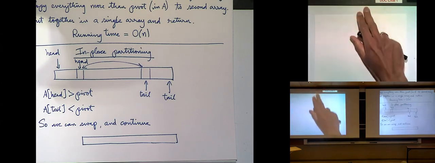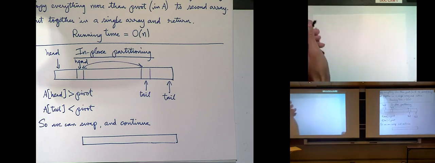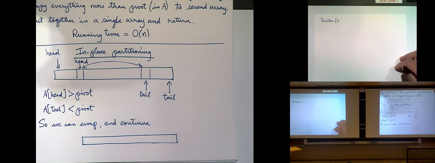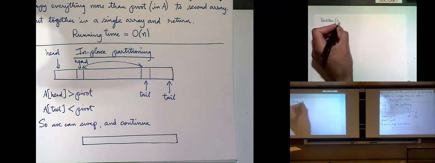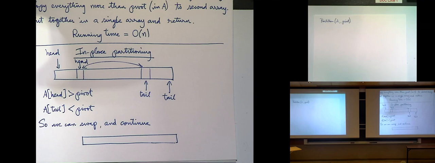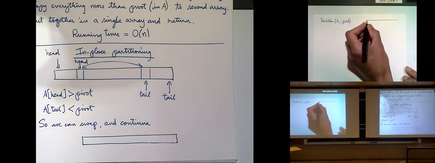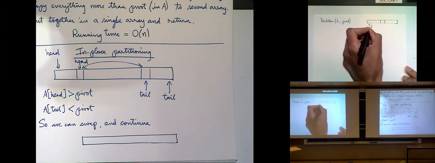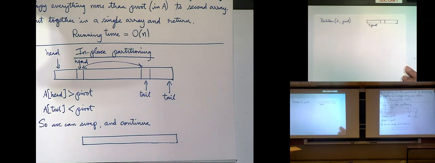So let me write down the procedure here. So I'll say partition. So I'm partitioning A with some pivot value. And so what I'm going to do is make sure that when I finish, everything less than the pivot is going to be here.